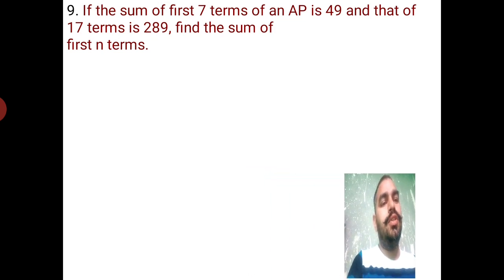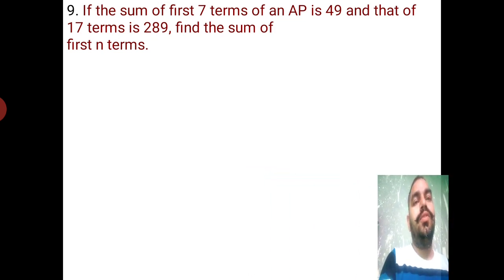The first question is: if the sum of first 7 terms of an AP is 49 and that of first 17 terms is 289, find the sum of first n terms. That is so simple.